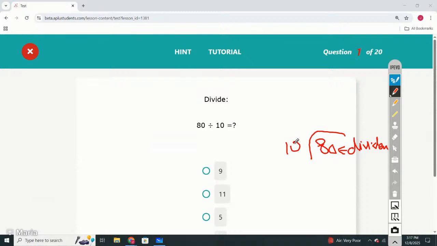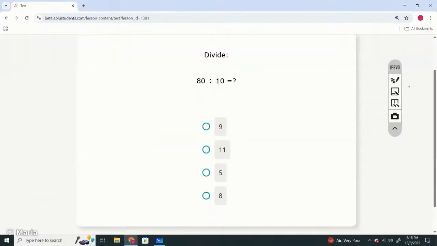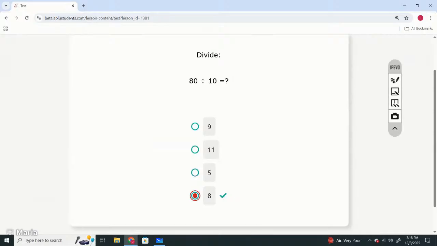The 10, the one that you are dividing with, is the divisor. And 10 times what number is 80? 10 times 8 is 80. Got it? So 8 is the quotient. So the correct option is 8. 8 is the quotient because 10 times 8 is 80.